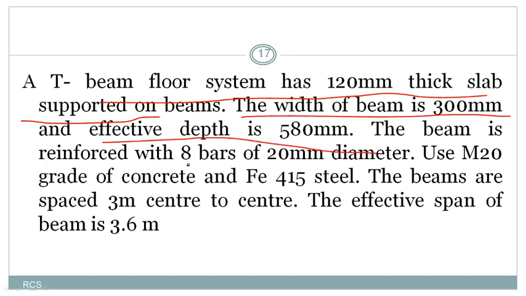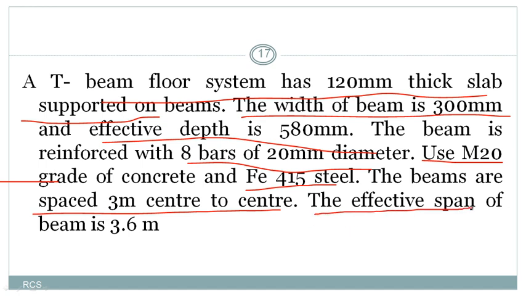The beam is reinforced with 8 bars of 20 mm diameter. Use M20 grade concrete and Fe415 steel. The beams are spaced 3 meters center to center, and the effective span of a beam is 3.6.